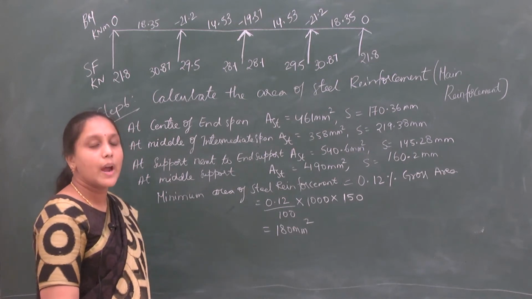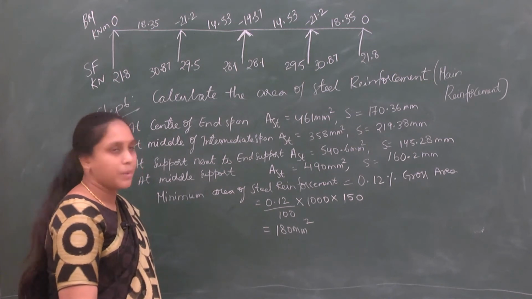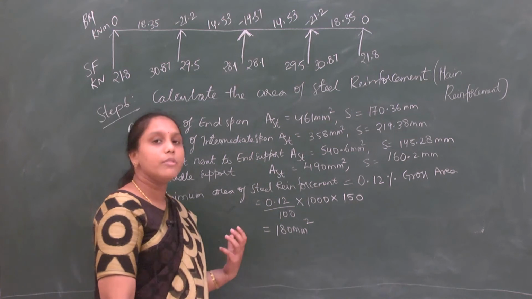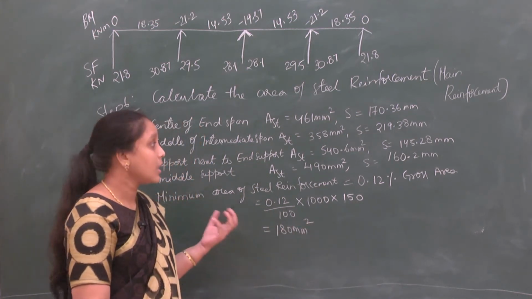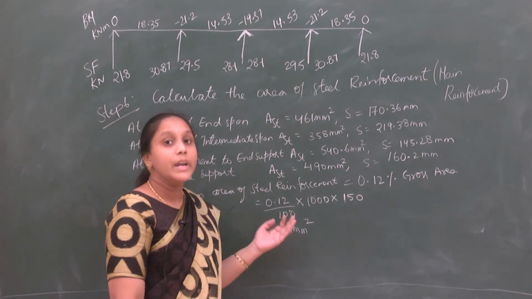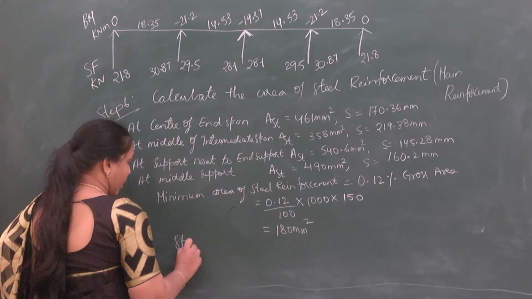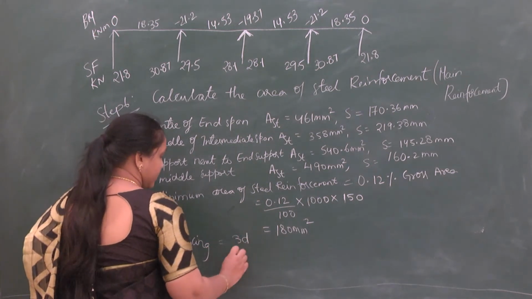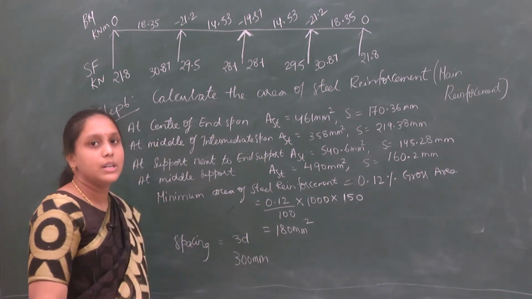Next we have to check for the spacing of the reinforcement. So how will we check for the spacing? The spacing we are providing should not exceed either 3D or 300 mm, whichever is less.